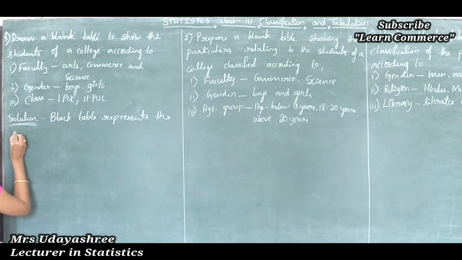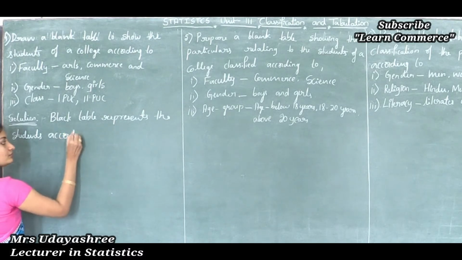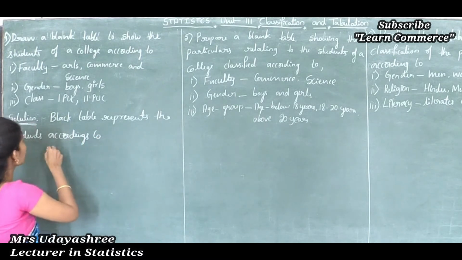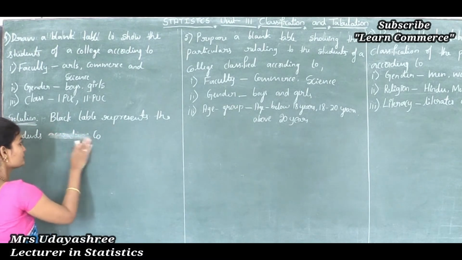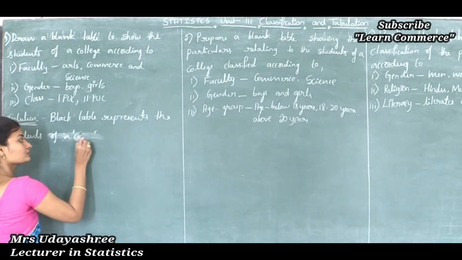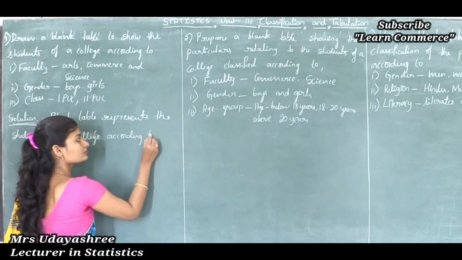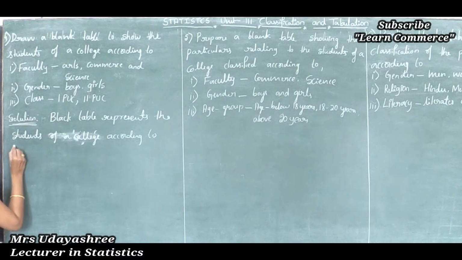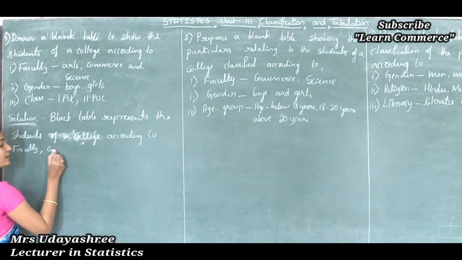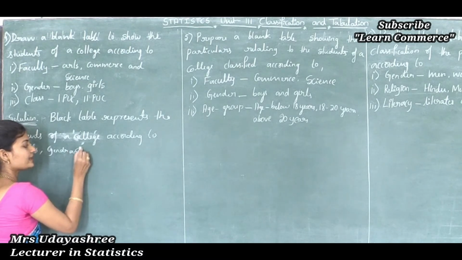the students of a college according to the first classification, that is faculty, next gender, and the last one is classes.